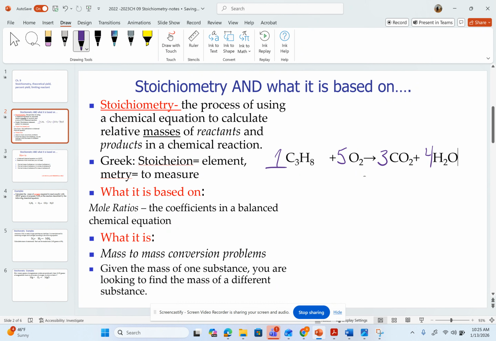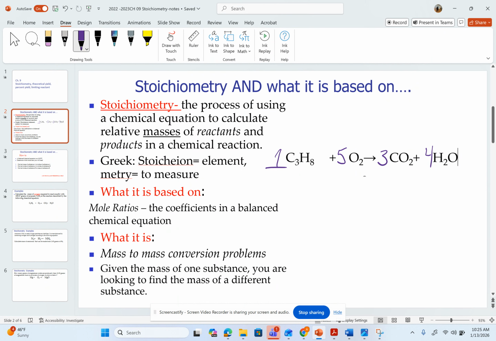So my mole ratios are going to link one substance to another. So in this equation, I need 1 mole of propane to every 5 moles of oxygen. I need 5 moles of oxygen to produce 3 moles of carbon dioxide. I need 5 moles of oxygen to produce 4 moles of water.